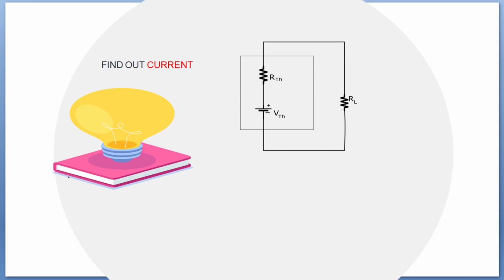Now draw the Thevenin equivalent circuit. We determined V Thevenin, which is equal to 8 volts, and this Thevenin voltage source is connected in series with the resistor R Thevenin, which is 9 ohms.